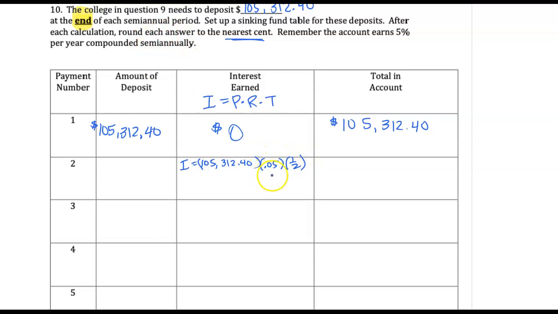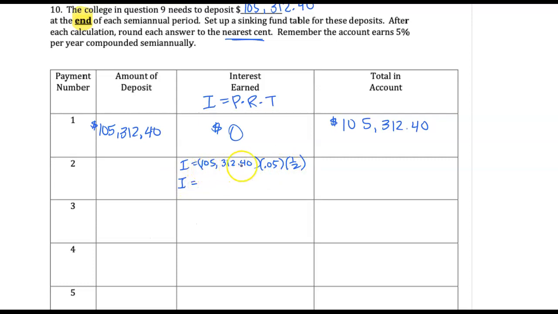Notice that if you take that 0.05 times a half, you end up with your 2.5% each semi-annual period, and that was the column we looked up back when we were in question 9. So that is still making sense with what we did before.